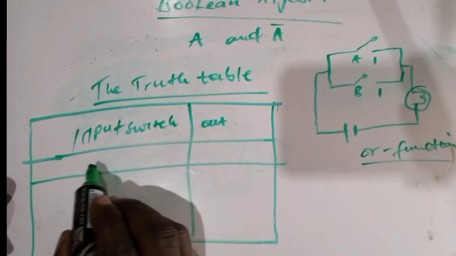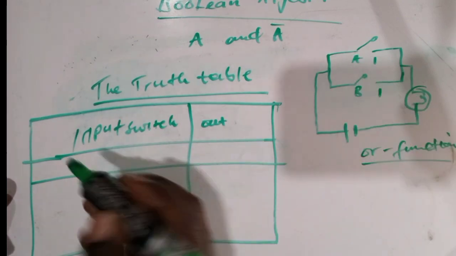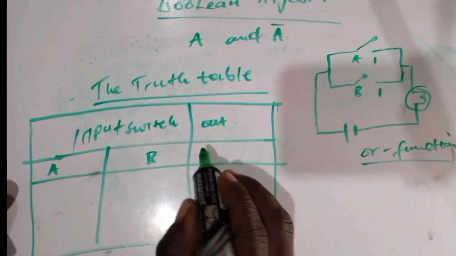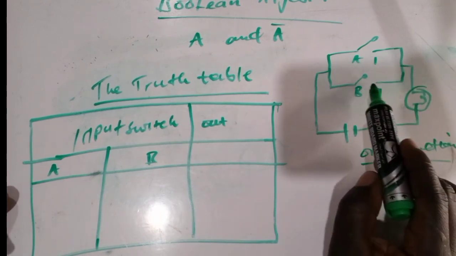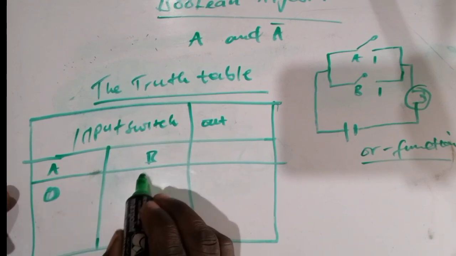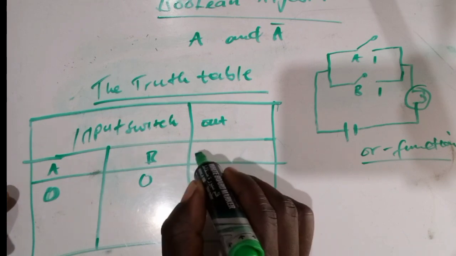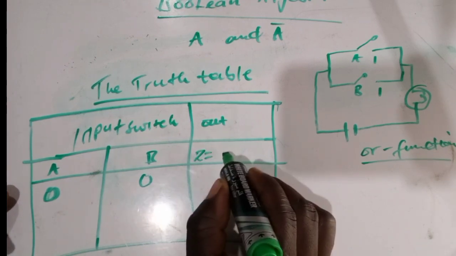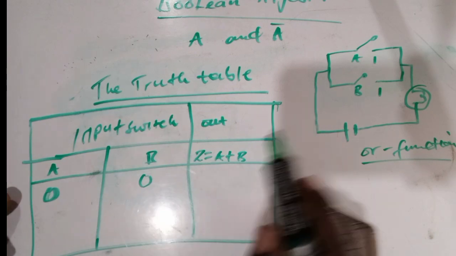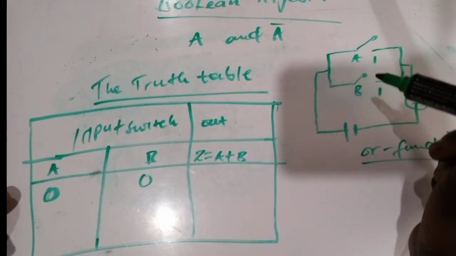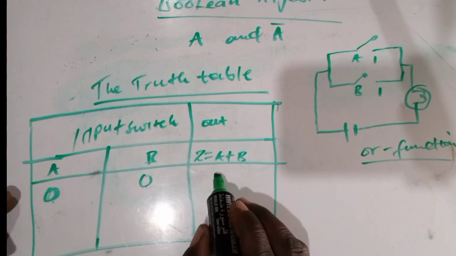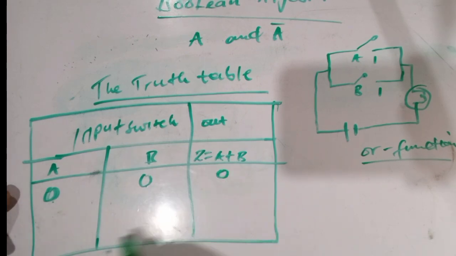Here we are going to have two terms, A and B. When the switches for A and B are not closed, our output, Z equals A plus B, will be 0, because we have 0 here and 0 here.